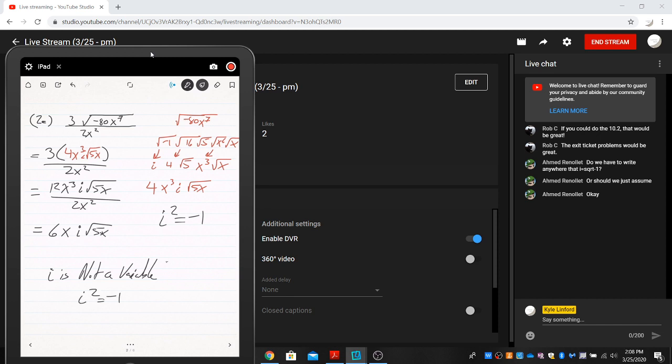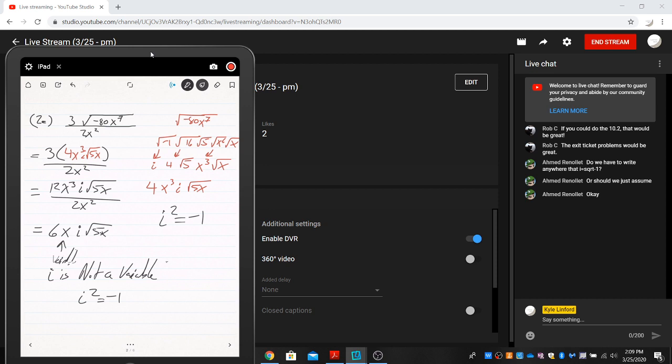So it's not a variable where we can substitute things in for it. Like x here, that's a variable. My stylus is dying on me, so apologies for the bad handwriting. x here is the variable. You can substitute values in for that. But i here, it's a standalone thing. It's not a variable. So don't try to substitute values into it.